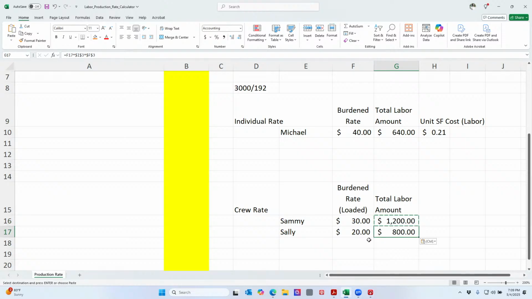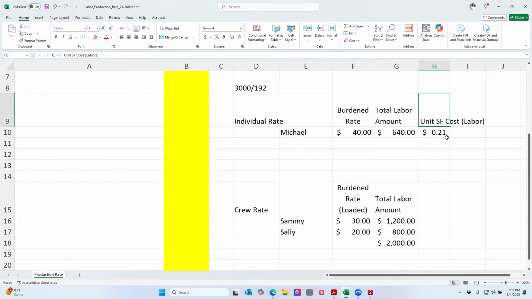I'm going to take his 20 times the 5 days times the 8 hours. So that's 40 times 20, that's 80. Now we come and we total this, and we have $2,000 to do this work.